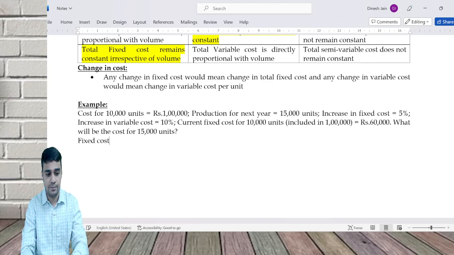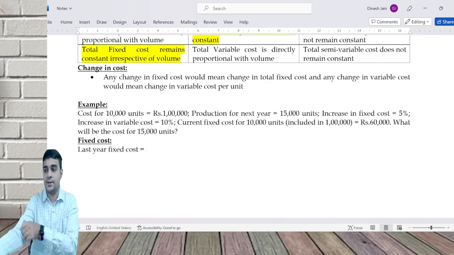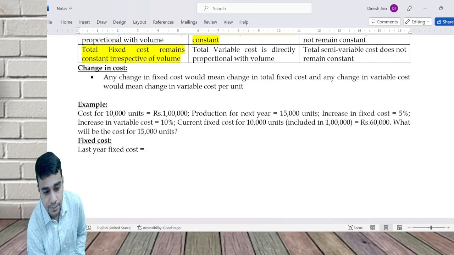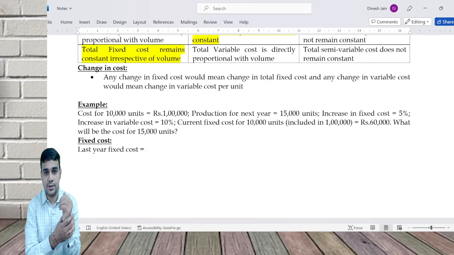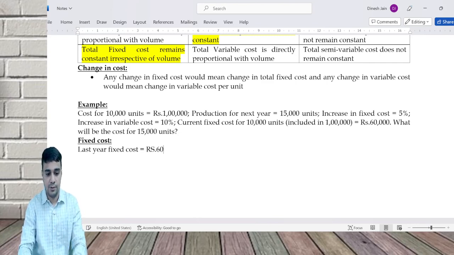Fixed cost, give the heading fixed cost. Last year fixed cost is equal to, how much was the last year fixed cost? Sorry, 60,000.